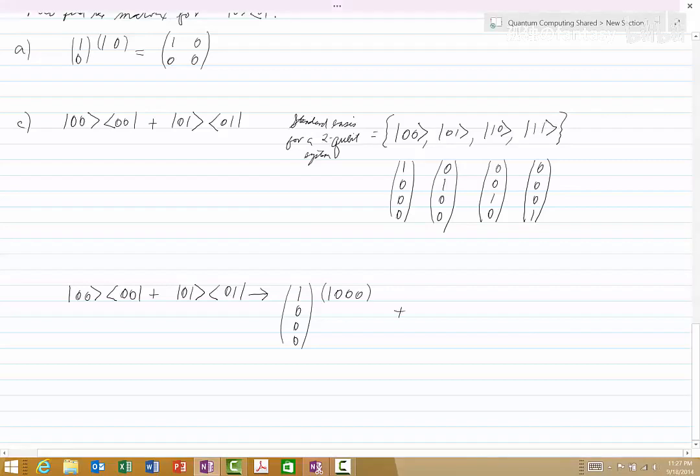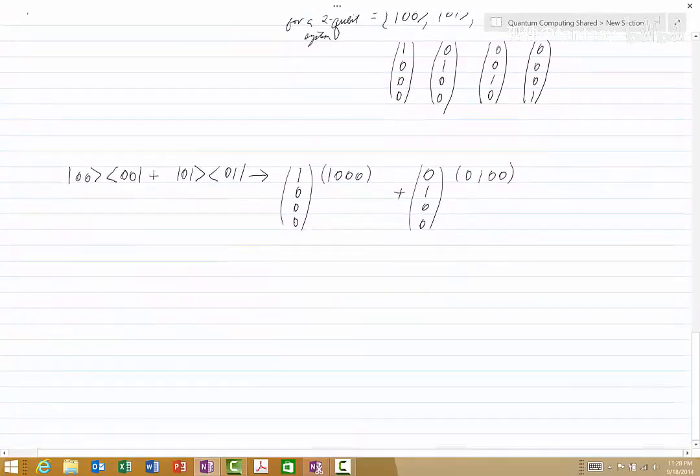plus |01⟩ is the second one. So we have (0, 1, 0, 0), and then the row vector (0, 1, 0, 0). And let's multiply this out and see what we get. Notice that this is a 4 by 1 matrix.